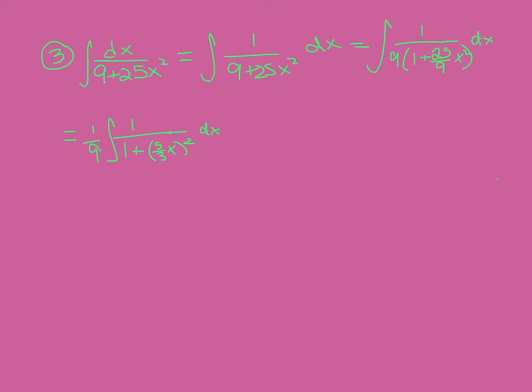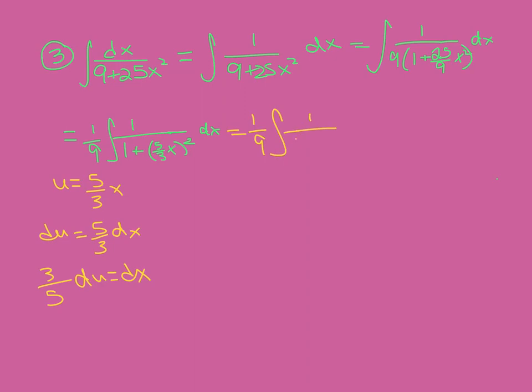So now I can use u substitution, and I end up getting du is equal to 5/3 dx, which gives me 3/5 du is equal to dx. So now I'm going to plug that into the equation. I end up getting 1/1 plus u squared times 3/5 du.